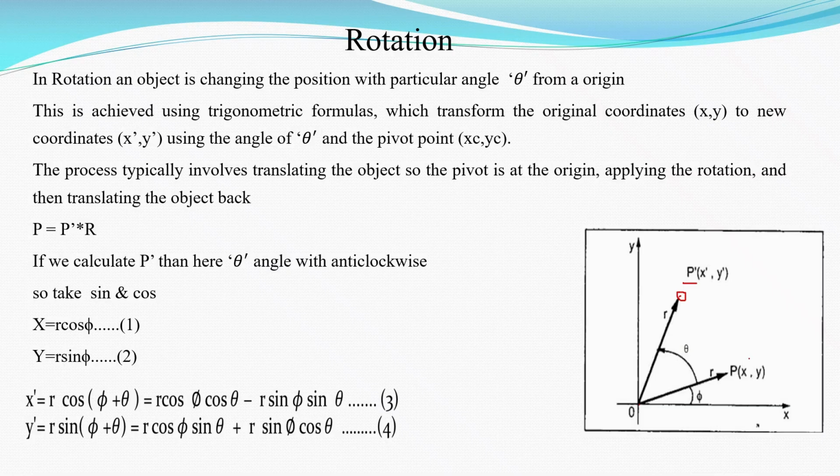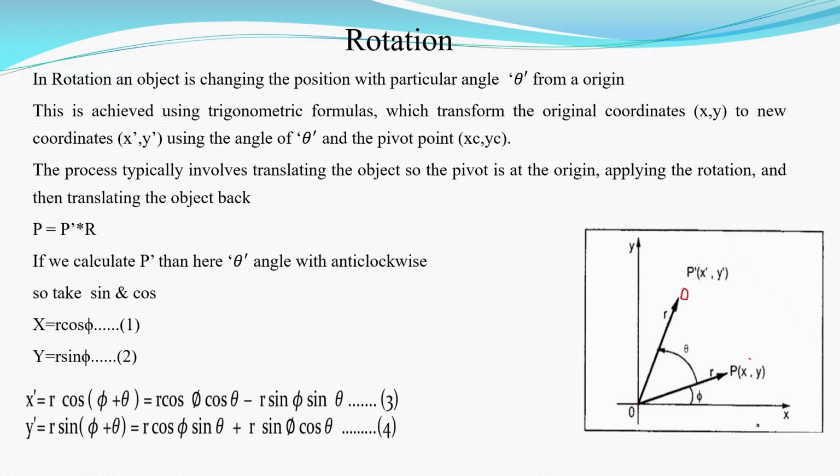P comes back to the origin point, then rotates by the given angle, then is placed at this P dash. Okay, I hope this is clear. It's not a big thing. Here we just want to change the given point by an angle.